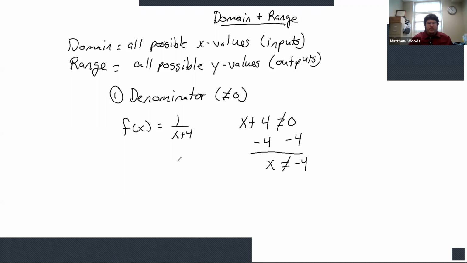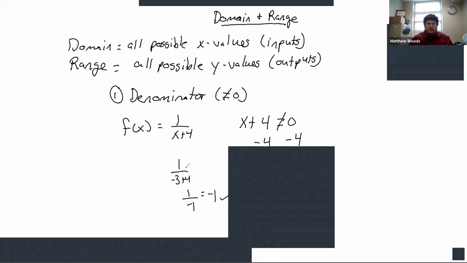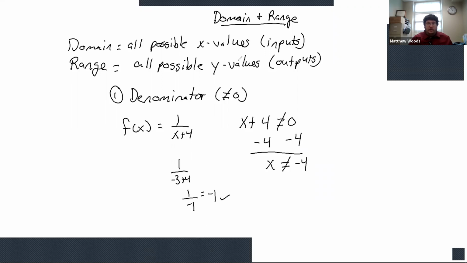I can put in negative 3. Negative 3 plus 4 is positive 1. That's fine. I can put in something smaller than negative 4, like negative 5.